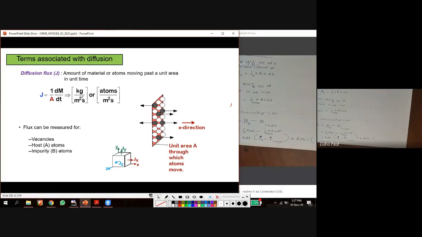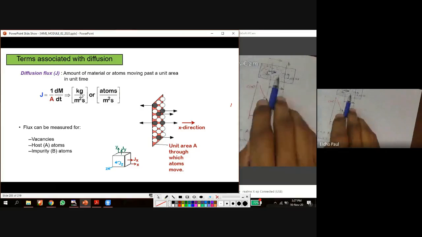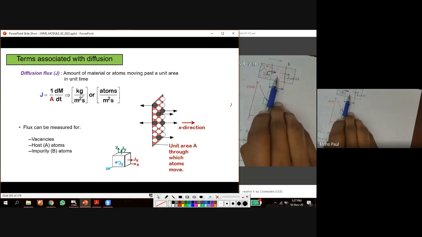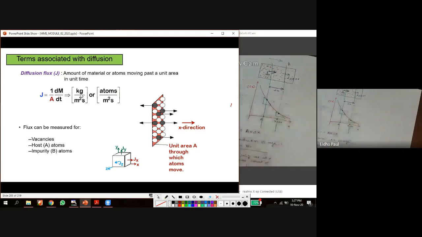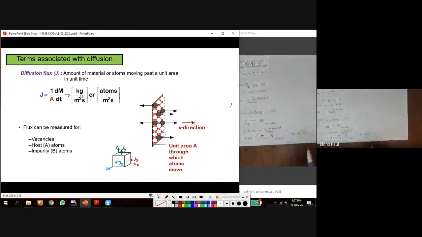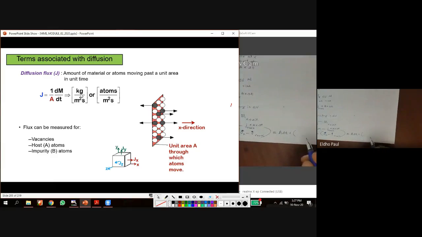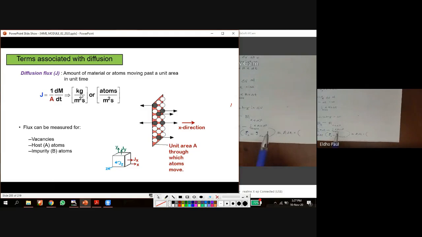That is actually the change in flux across that volume. Okay, change in flux across this volume. That is Jx minus Jx plus delta x. So we can give that value as delta J. Actually, delta J is equal to Jx plus delta x minus Jx.